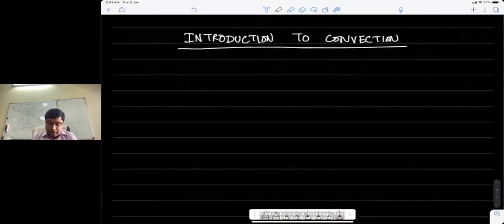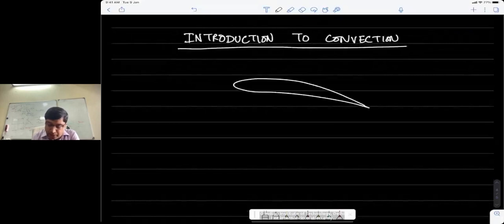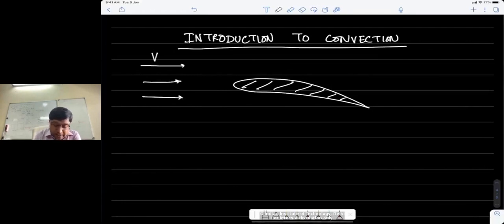So to begin with convection heat transfer, let's just take one scenario. Let's say we have some airfoil and it sees a fluid which has some free stream velocity V, or far upstream velocity V, and temperature T infinity. And let's say this is an isothermal surface, maintained at temperature Ts, where Ts is not the same as T infinity.